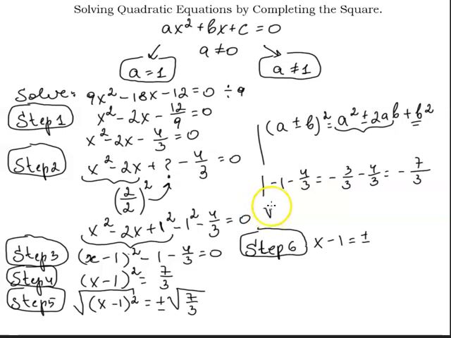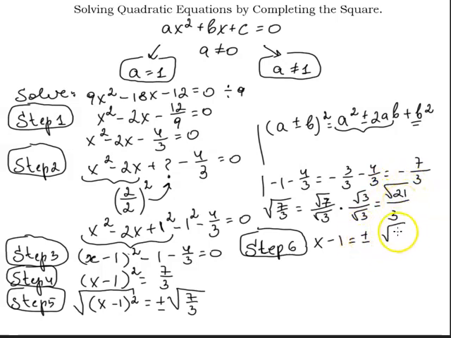So we have the square root of 7/3. This is the square root of 7 over the square root of 3. To rationalize the denominator, I need to multiply top and bottom by root of 3. Now the denominator is 3 and the numerator is root of 21. So that will be plus minus root of 21 over 3.